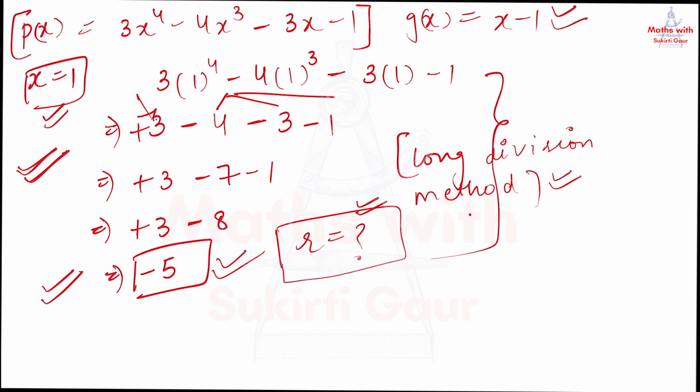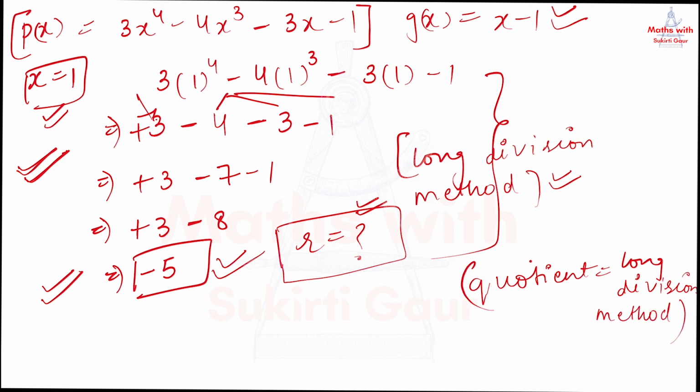But if the question has asked us to find the quotient, then we are going to follow long division method, because there is no other way to find the quotient except this method.